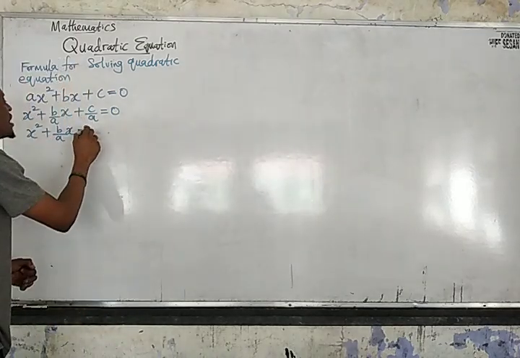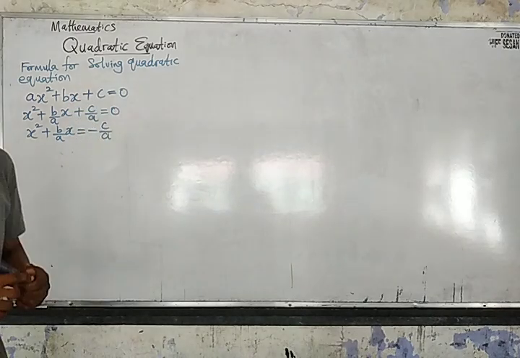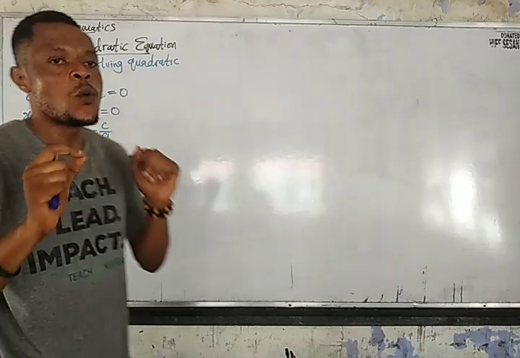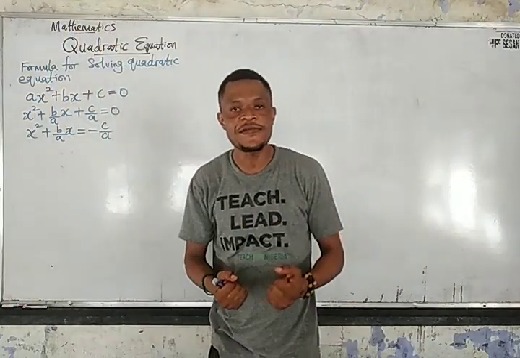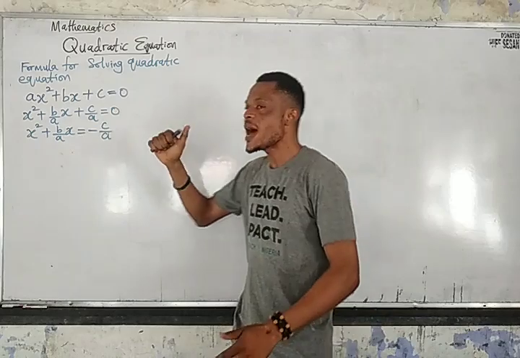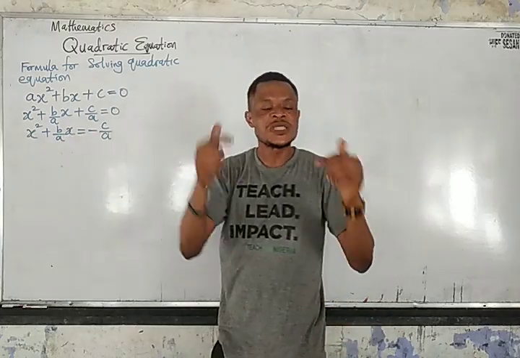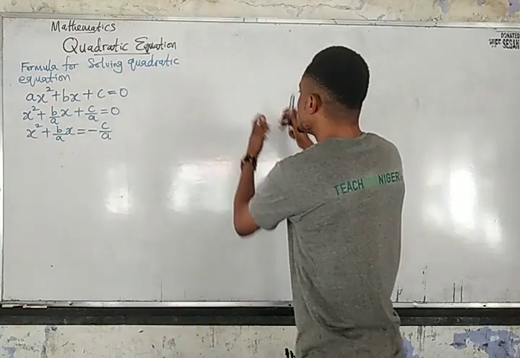Then as the sign changes, it becomes c all over a. From there, the next step is to now think what must be added to this equation to make it a perfect square. Remembering how we did it earlier, it's going to be our b multiplied by half, then we are going to square it.